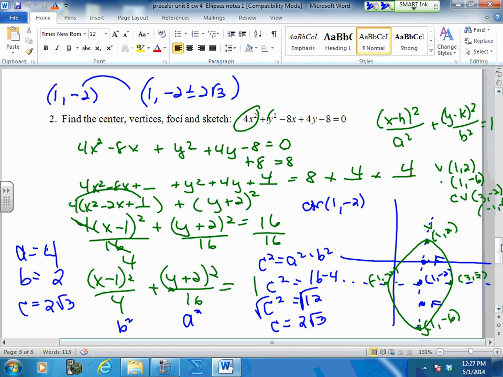And that's all I have to do, because I can't resolve this any further, really. I could do negative 2 minus 2 radical 3, negative 2 plus 2 radical 3, but I have to leave it as exact as possible. These are your foci points.